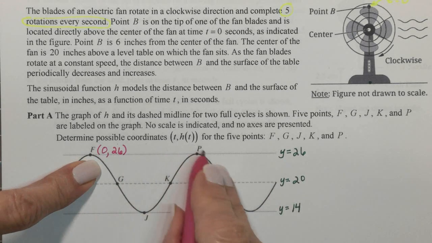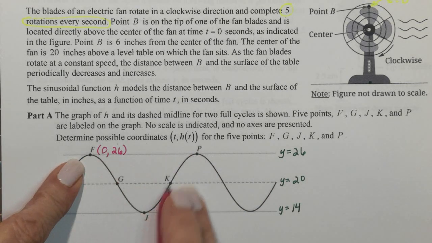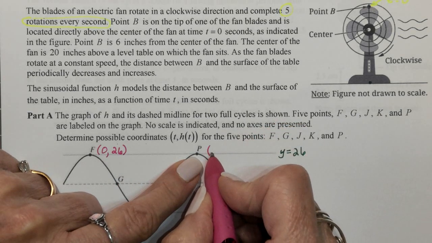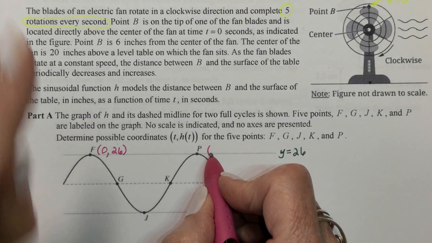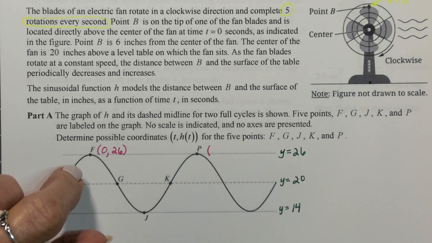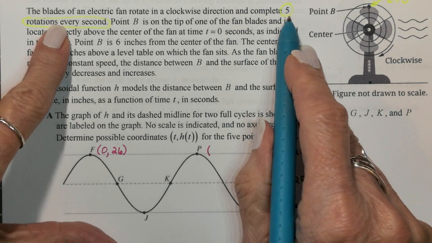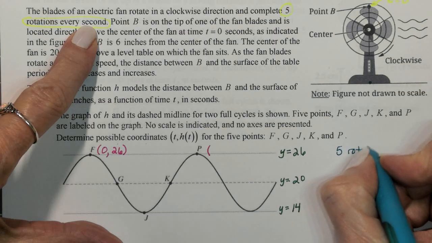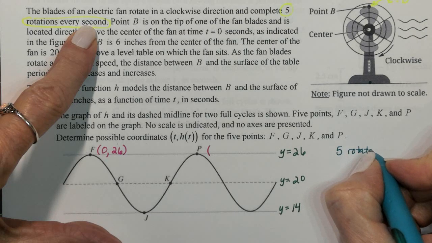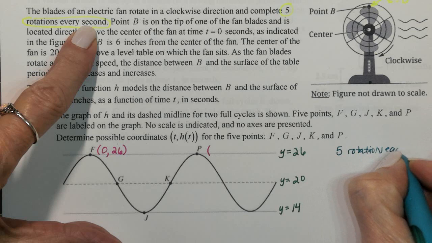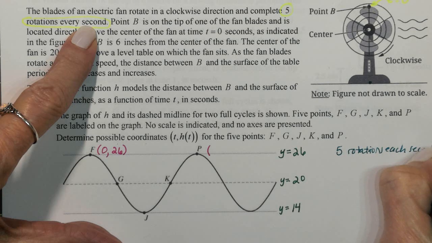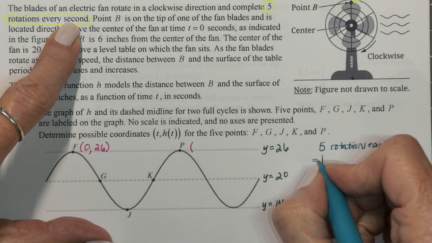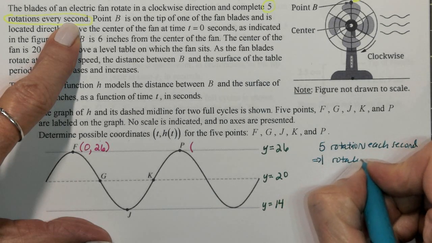Okay? Now I like to go to the end, to one complete period. I need the time that it takes to go one complete rotation. The fan goes 5 rotations every second. So how long does it take to go one rotation?